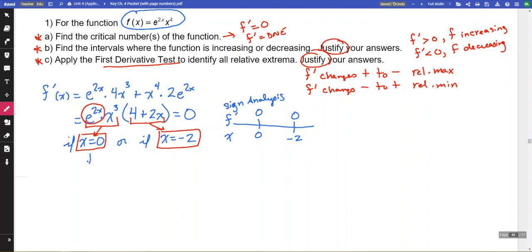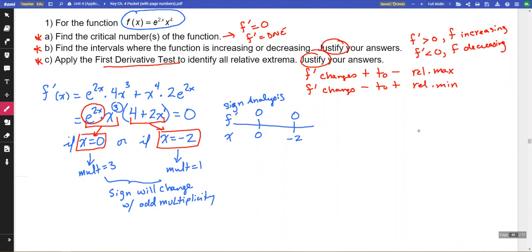Now notice that this multiplicity is equal to 3 because the exponent there is 3. And this multiplicity is equal to 1 because I just have this implied linear term there. But what's important for us is they're both odd multiplicity. So if they're odd multiplicity, the sign will change.